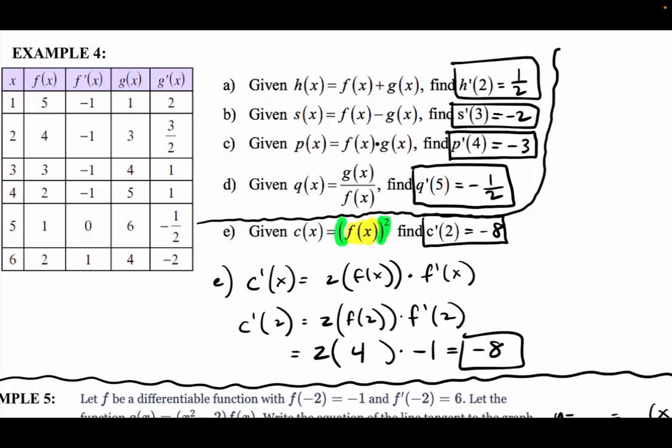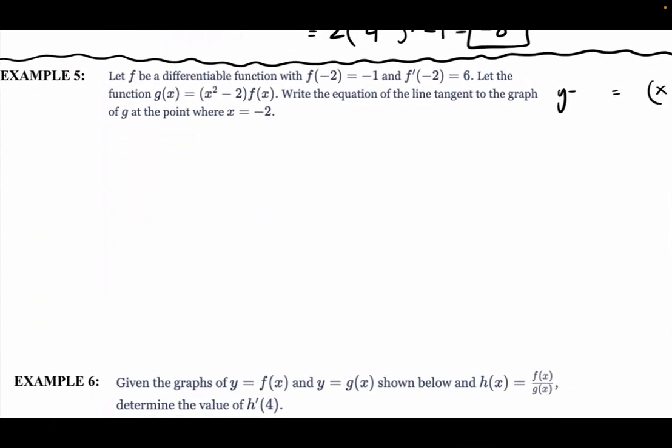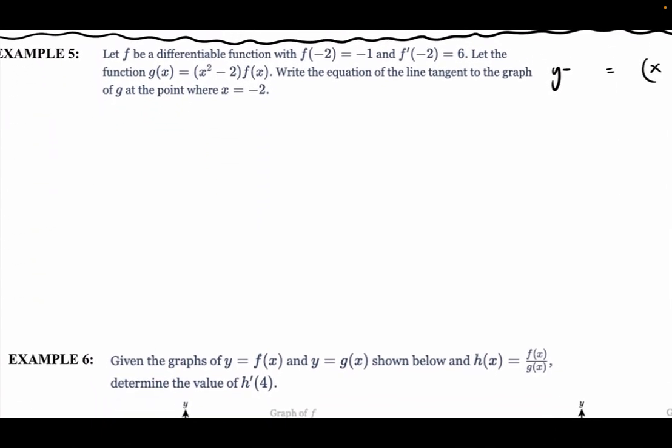Okay. And then the last 2 examples, the only difference between 5 and 6 and the rest is they don't give you a table. Well, you can make a table. There's no rule saying you can't make a table. They just don't give you a table. So number 5 says f of negative 2 is negative 1.